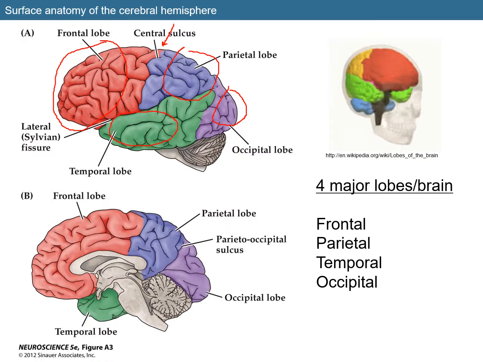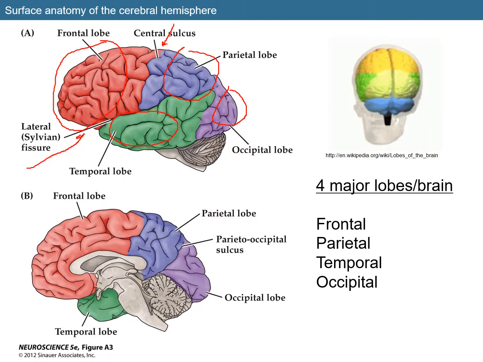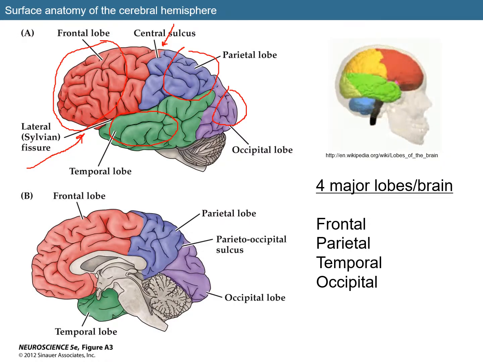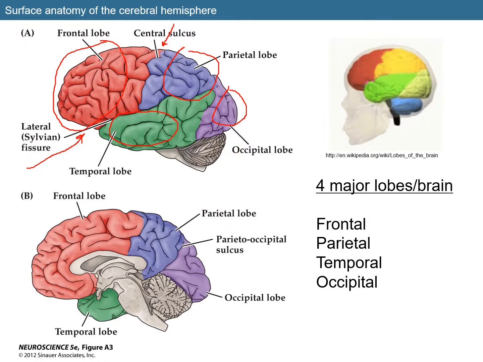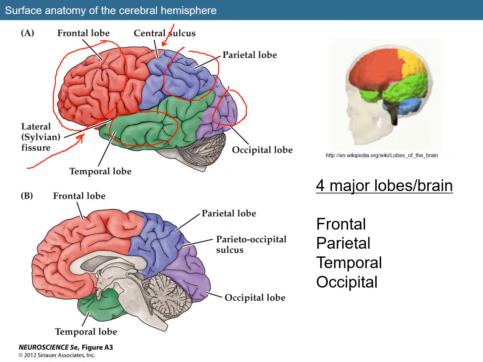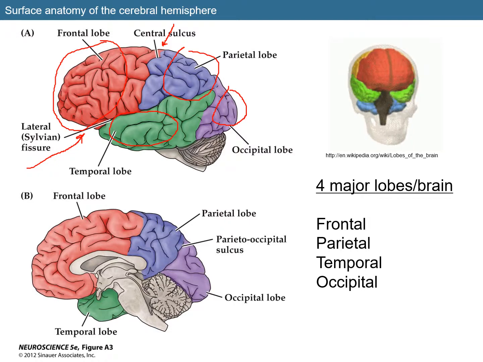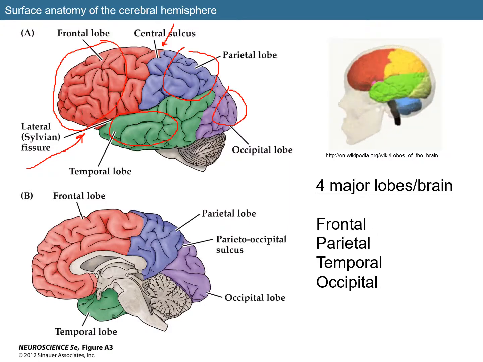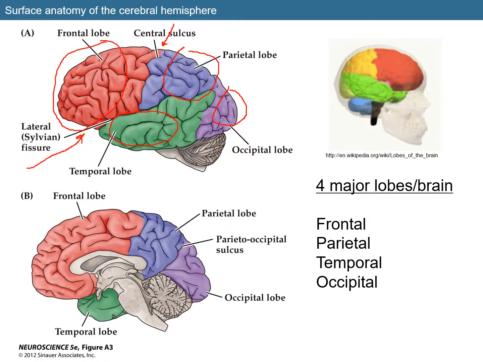There is a structure on the lateral portions that separates the frontal and temporal lobes called the lateral fissure. If you look at the brain structure, these fissures and sulci play a very important role. A fissure is just a deeper sulcus, basically. If you separate through the lateral fissure, you'll find what is sometimes called the fifth major lobe, which is the insula.